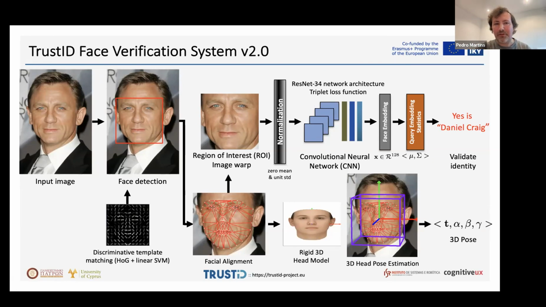So this is our 2.2.1 version of the system, where the initial pipeline is the same. So we use the same kind of face detector. Although right now we have a more elaborate system that first detects the facial landmarks. These facial landmarks serve two purposes.